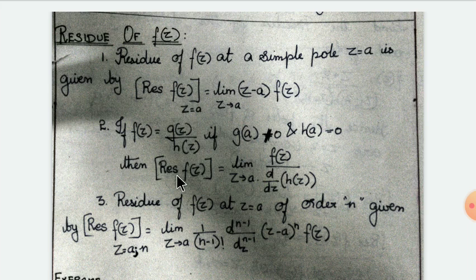Then the residue of f of z at the point z equal to a is the limit as z tends to a of g of z divided by d by dz of h of z. Here the denominator is h of z, the numerator is g of z. So in this formula it is actually g of z, not f. It means that we differentiate one time with respect to z only the denominator, then apply the limit.